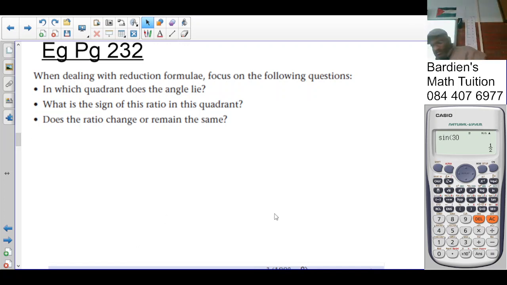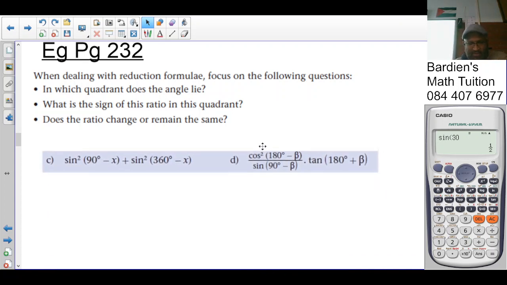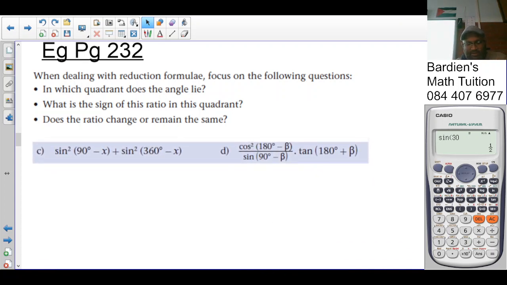Now the bell's going to ring soon, so I just need to do these two examples, the next two still.